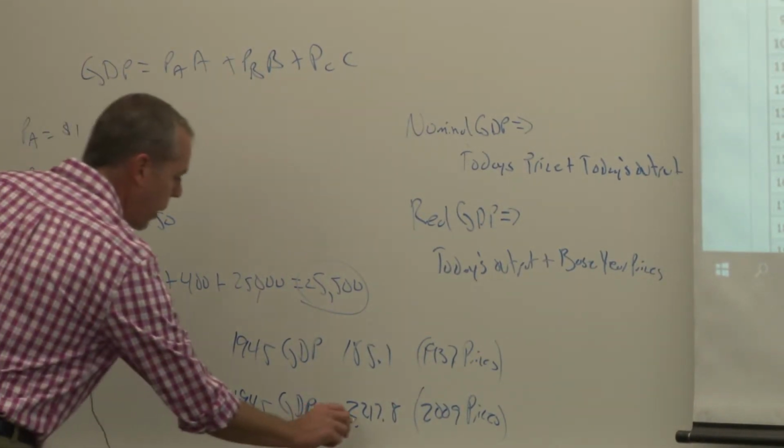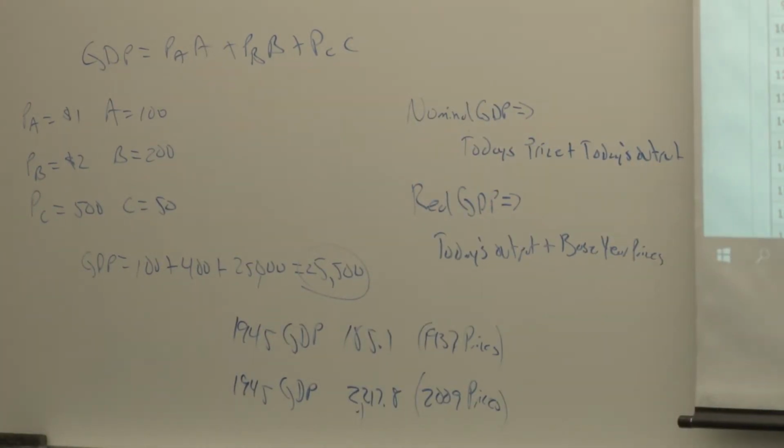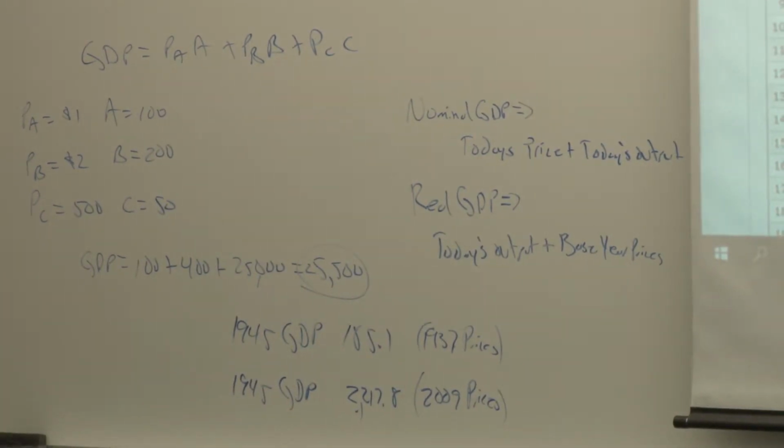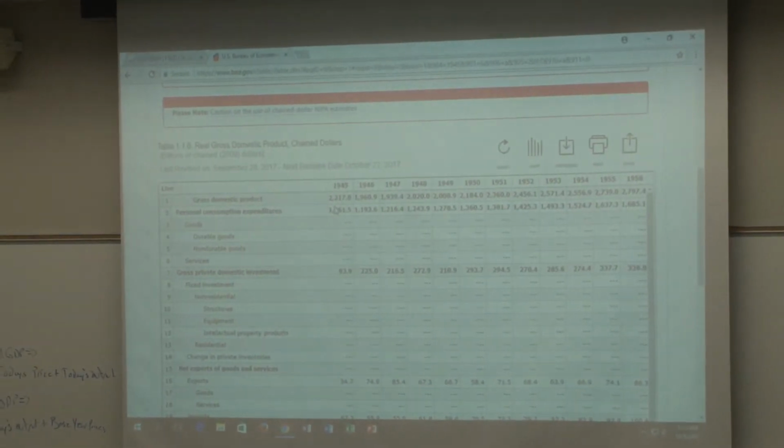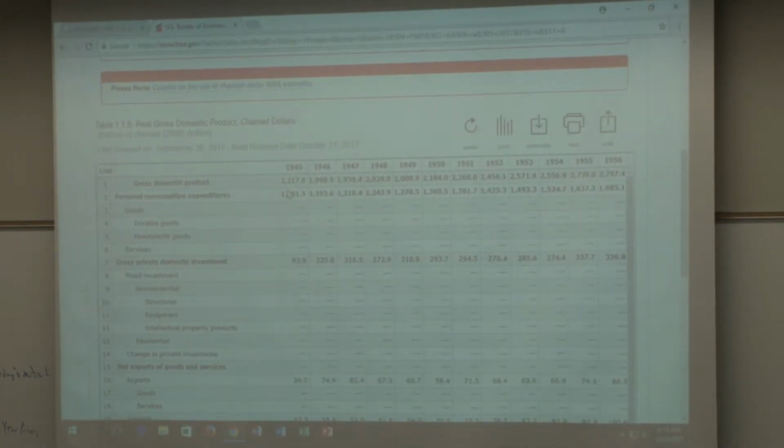So here we see in, say, 1945 GDP and 2009 prices using today's prices, right? So an apple costing, I don't know, 47 cents, and a banana costing a quarter, and a cup of coffee costing $1 and whatever. That's how much GDP would have been in 1945, right? $2.2 trillion, not very much.